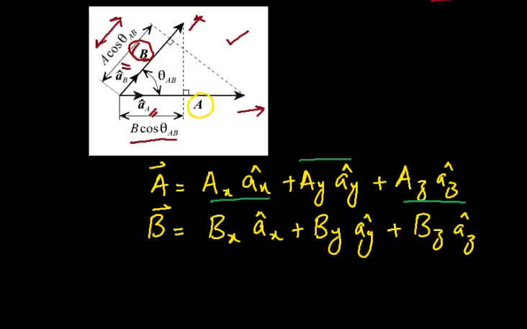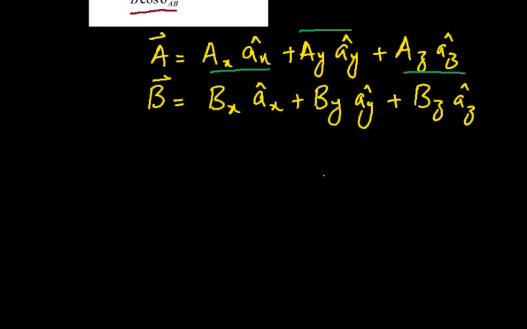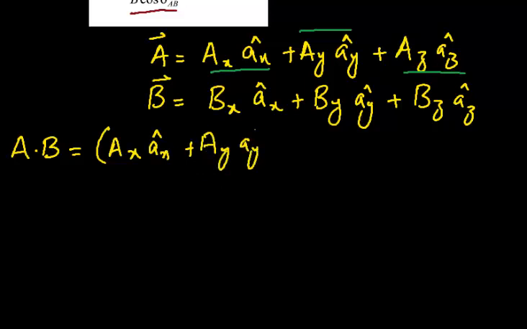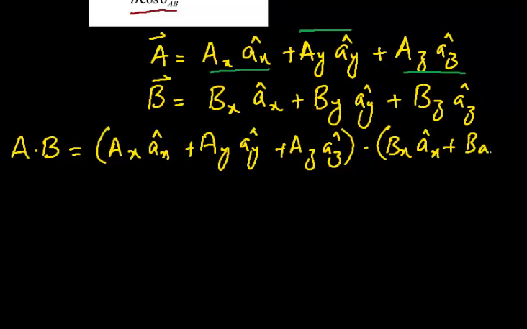Now let us multiply them in this dot product fashion. The dot product of A and B can be written as (AX plus AY plus AZ) dot (BX plus BY plus BZ).